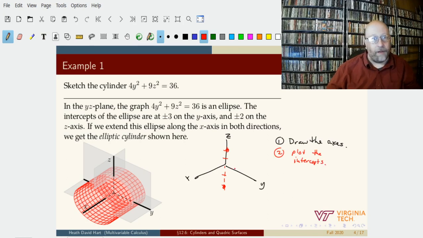So plot the intercepts. And they were at +3 and -3 on the y-axis. And there are no x-intercepts because there's no x in the equation. Finish the 2D shape. So that's this ellipse here.